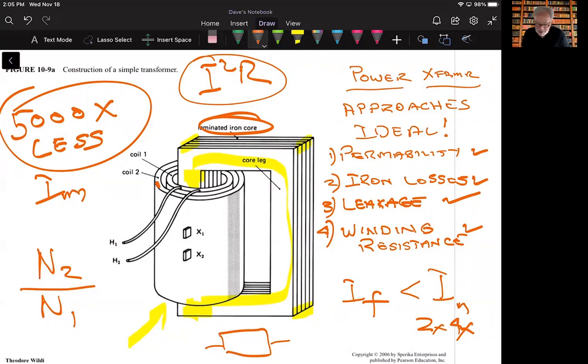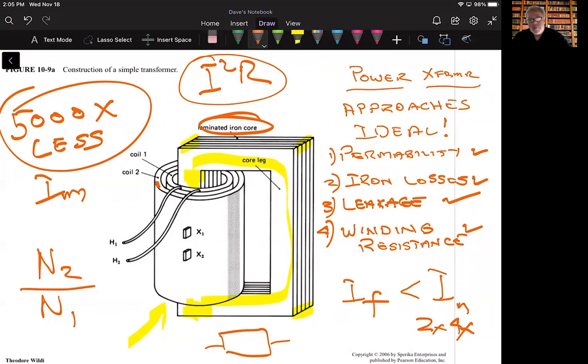Another thing that's interesting, and I've actually experienced this, and we would do this in a lab if we were meeting in person, is that a transformer is reversible, in the sense that either winding can be used for the primary or secondary. The primary is defined as what's connected to the source.